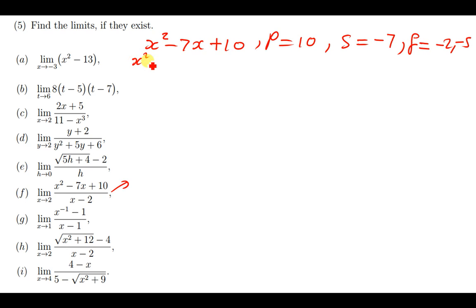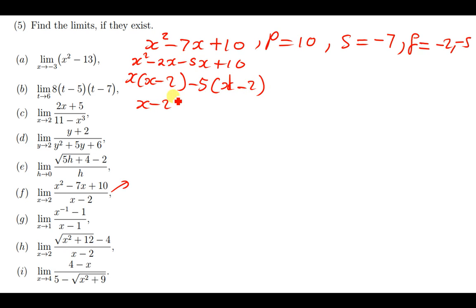We have x squared minus 2x minus 5x plus 10. When we simplify this part, we're going to have x, open brackets, x minus 2, and then here we're going to have negative 5 as a common factor, then x minus 2 in brackets. So we pick the common factor there, then we write the remaining terms, x and negative 5. So this is what we have on the numerator.